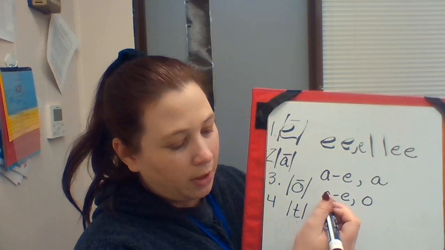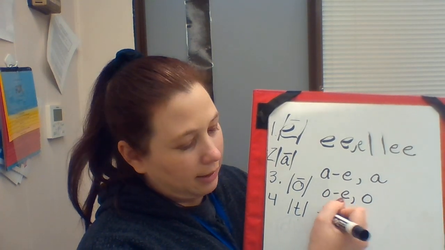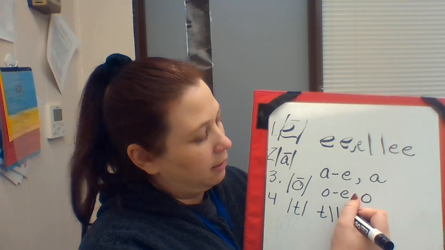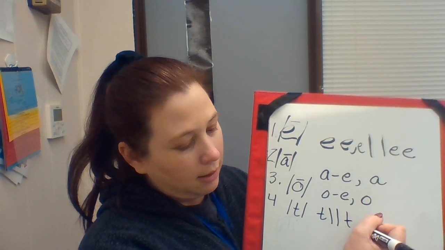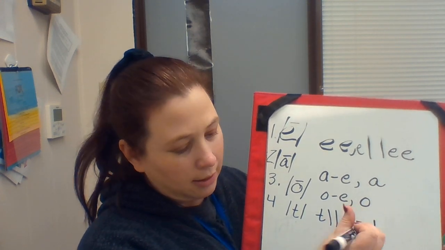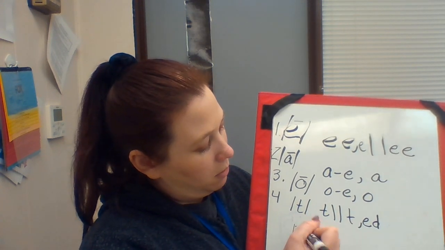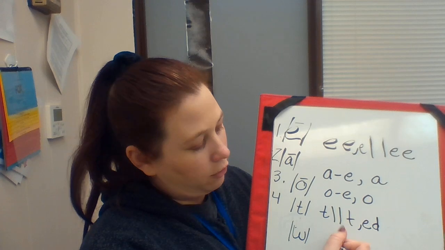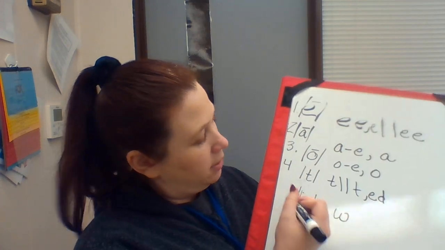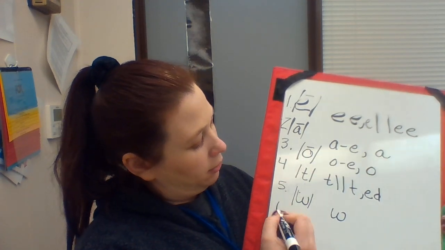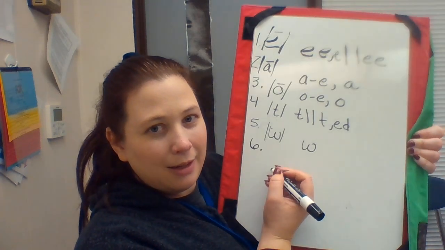T. We have T, final sign, T, E, D. W. Just W for that. Number 6. Can you see here? Yep.